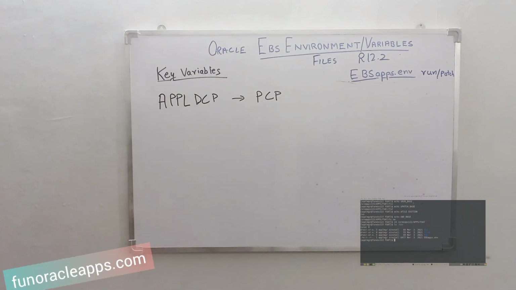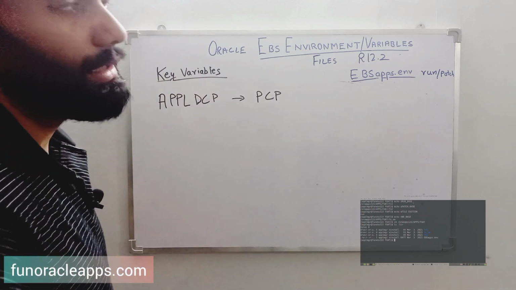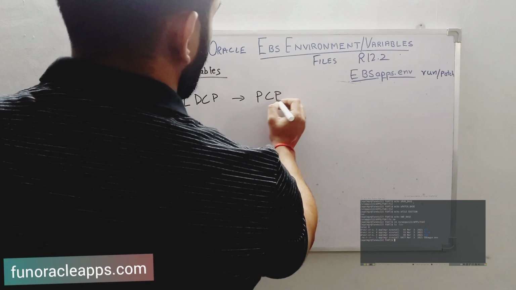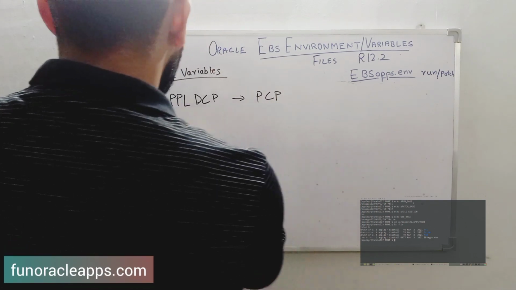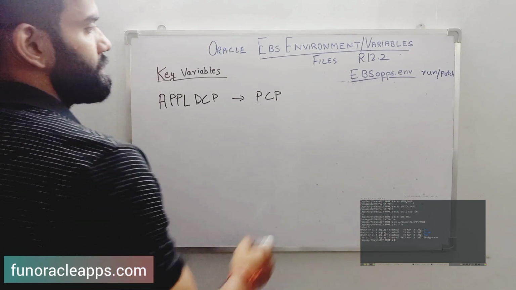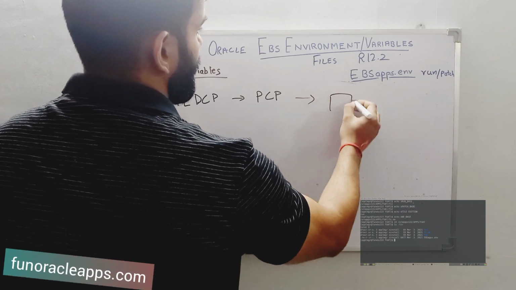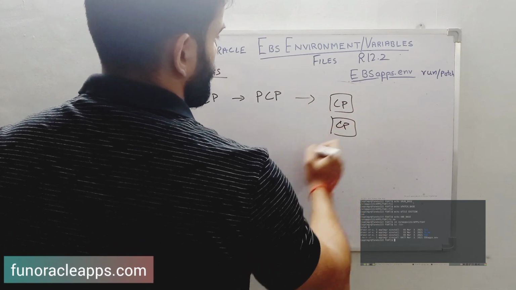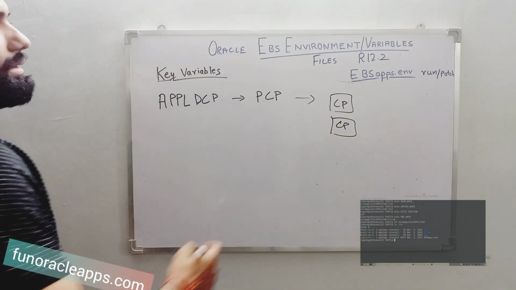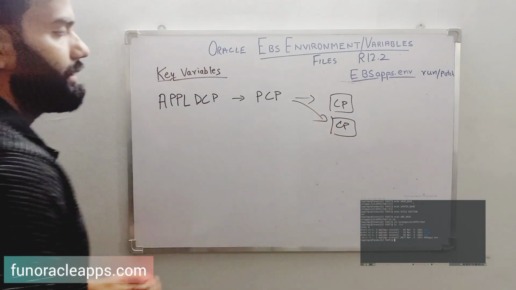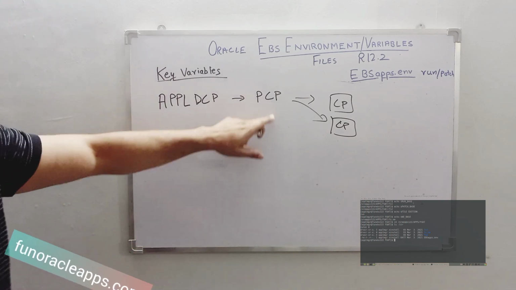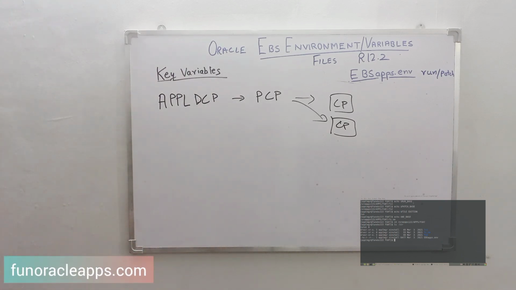Are you using parallel concurrent processing or not? So what is parallel concurrent processing? I will cover it in some other video, but this parameter will help you, where you can divide your concurrent processing across multiple nodes, where the load can be distributed using PCP. So this parameter can be checked to validate whether PCP is enabled or not.